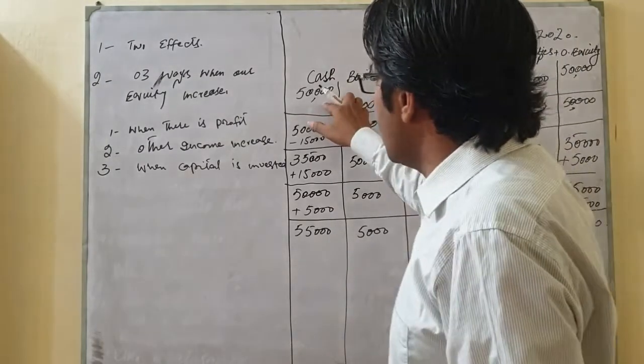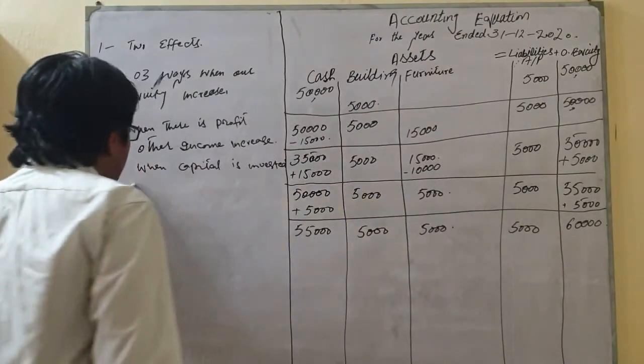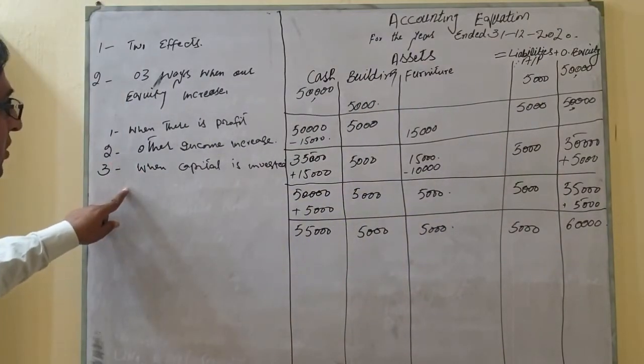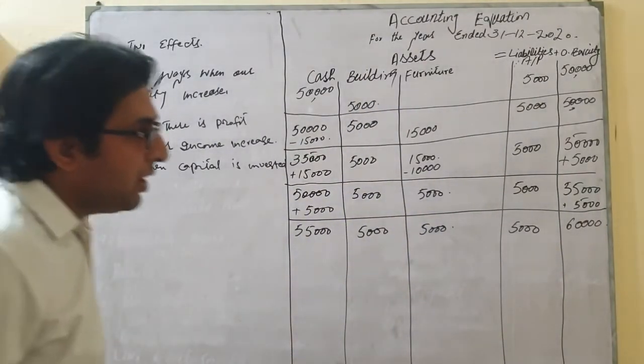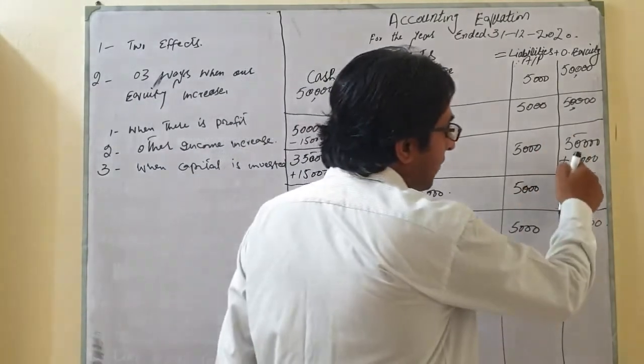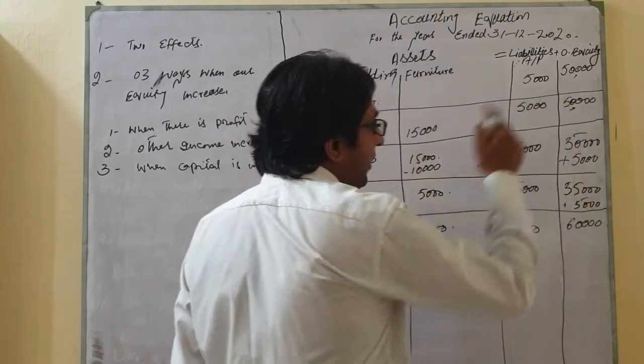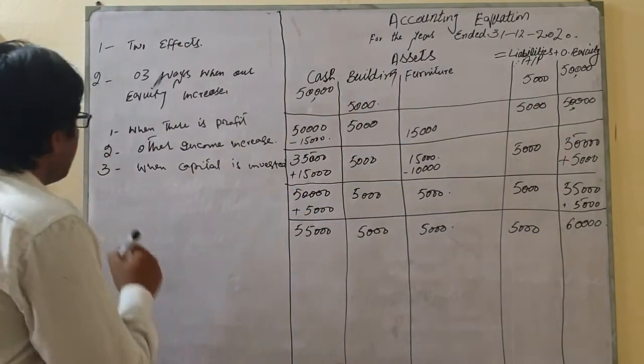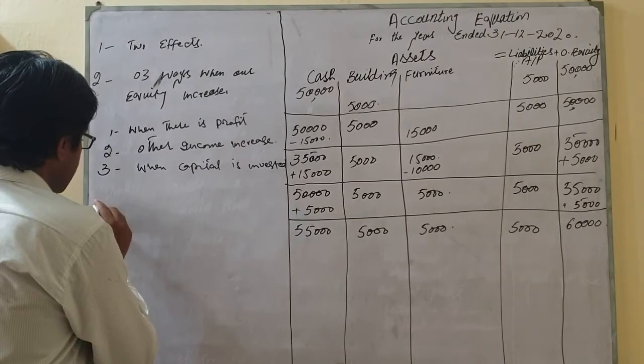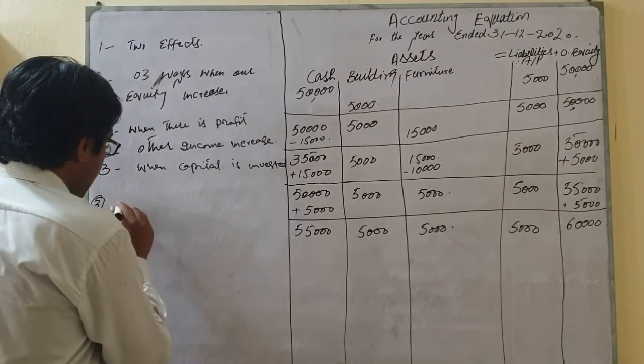Other effect was cash. So we have taken the examples of these three situations where our owner equity increases. Now we see the other three ways where owner equity decreases.